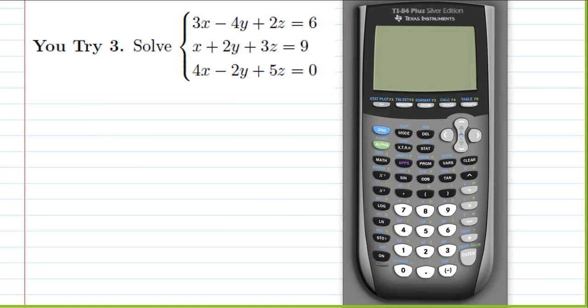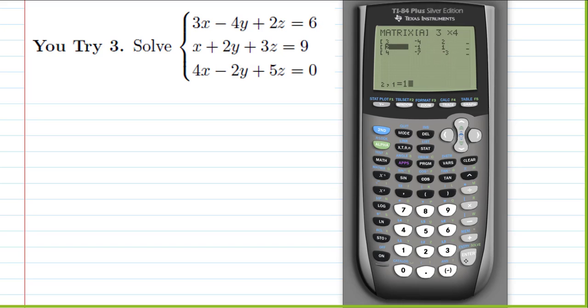All right, so let's go ahead and resolve this. So we want to put it into our calculator. So second matrix, we go over to edit, still a 3 by 4, and we have 3, -4, 2, and 6.